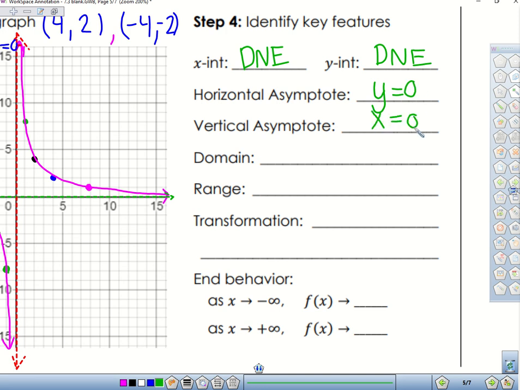Okay, so what's really cool about these functions is the domain and range have a little formula. It's right in the beginning of the notes. The domain is negative infinity to your vertical asymptote, union the vertical asymptote to infinity. Range, same thing, so they're both 0 in this case.